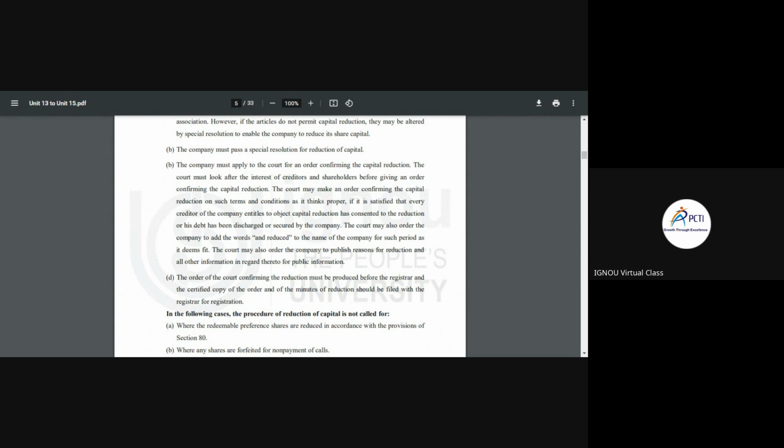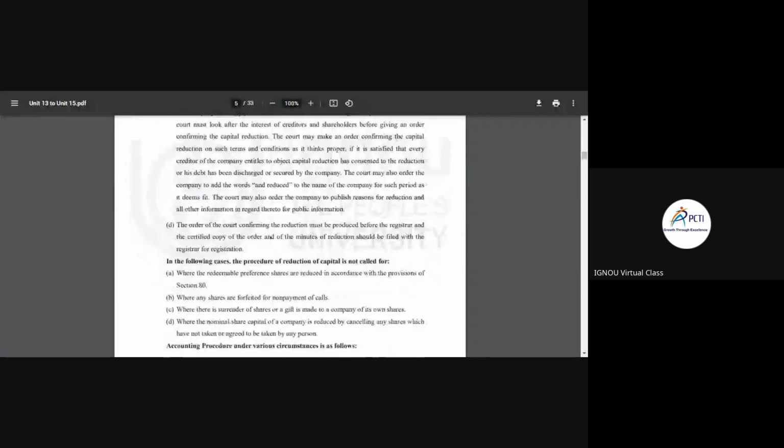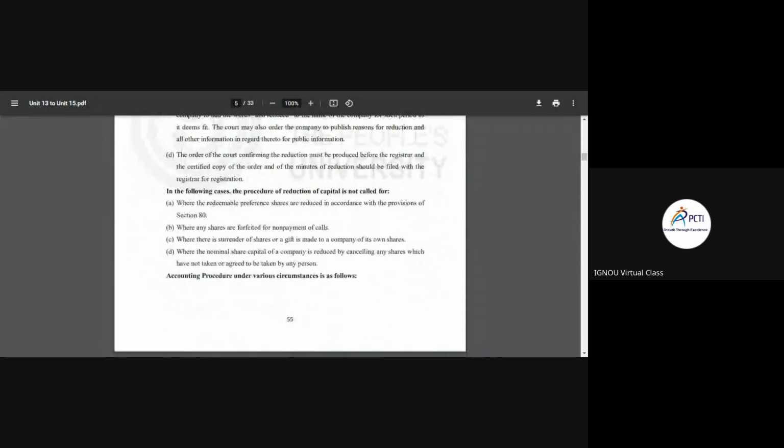The court may also order the company to publish the reason for reduction and all other information in regard thereto for public information. Next one is the order of the court confirming the reduction must be produced before the registrar, and the certified copy of the order and of the minutes of reduction should be filed with the registrar for registration.